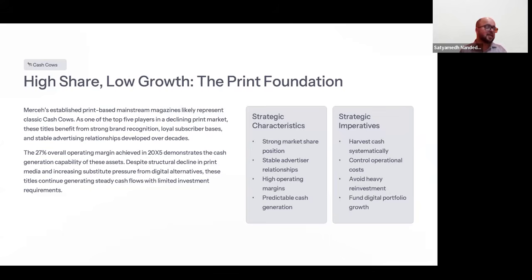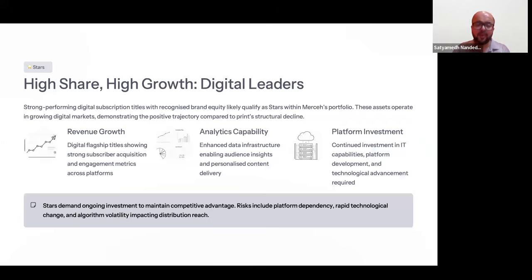It basically means that whatever cash you are generating from this particular type of magazines, make sure that you are investing it in the right way, maybe in high growth products also, so that cross subsidization can happen. You will have to make an effort to control operational costs and avoid heavy reinvestment. Let it run the way it is running, because even if you pump in too much money, the growth is going to be limited.